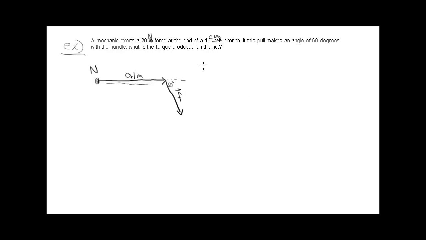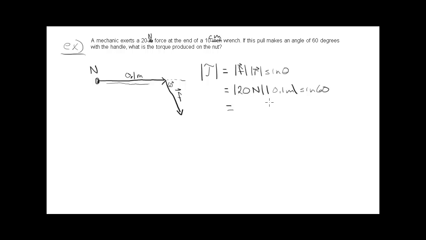So that means the torque. What is the torque? There's two parts, right? What's the magnitude? That would be the magnitude of F, magnitude of R. Usually I wrote them backwards, but it doesn't matter, right? We're just multiplying. Times sine theta. The force has to be in newtons, so 20 newtons times 0.1 meters times the sine of 60.